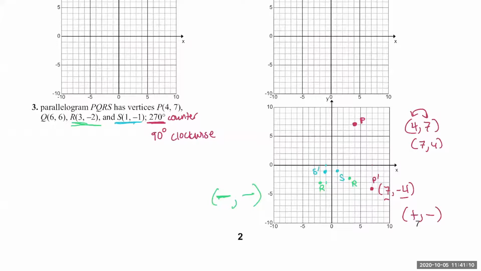Okay, now the last coordinate point, Q. Let's say you guys have for Q 6, 6. So this one's in the first quadrant. Type into the chat, what do you think a 90-degree rotation clockwise is going to lead you to? Okay, good, Phoebe.